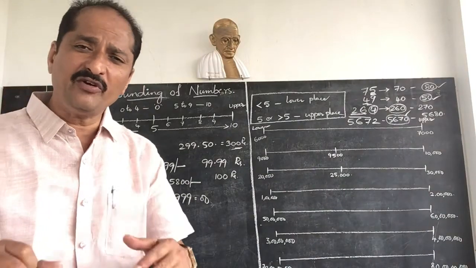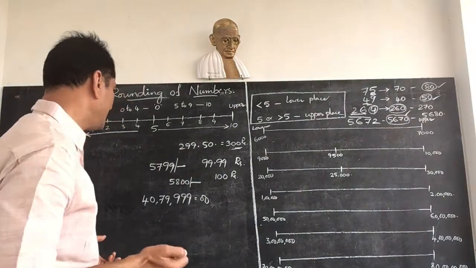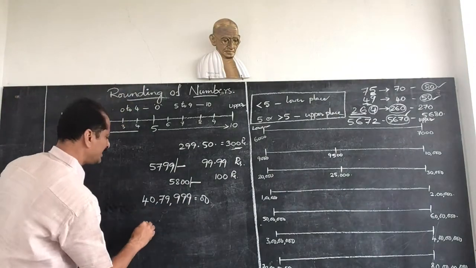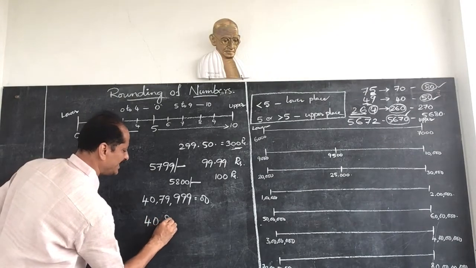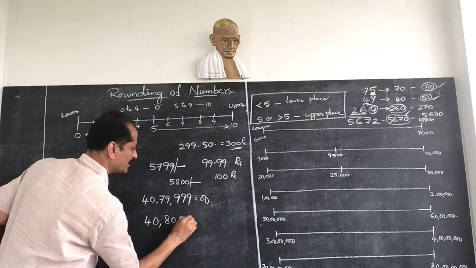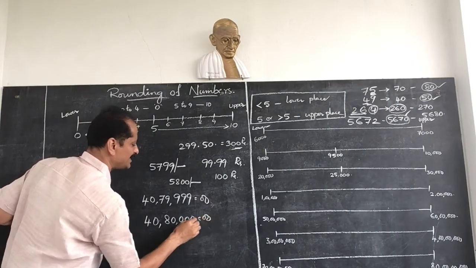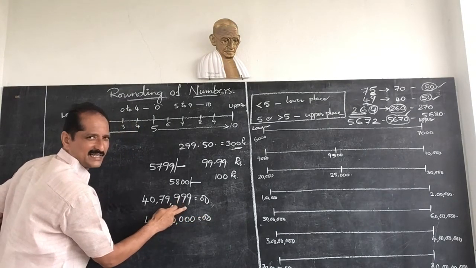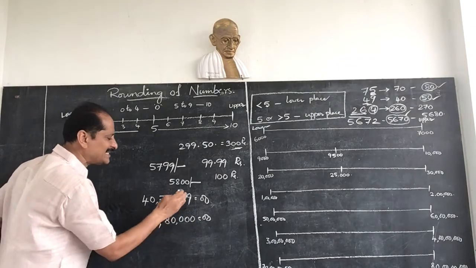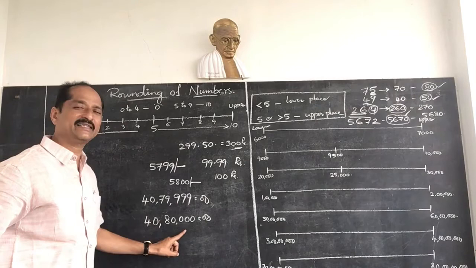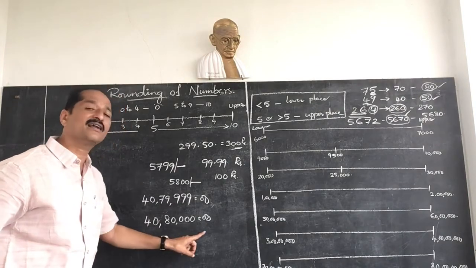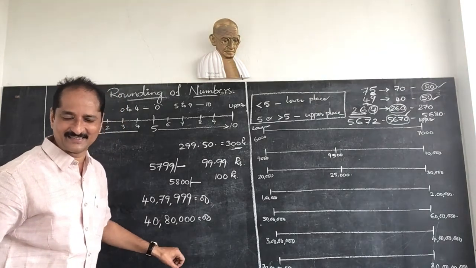By taking out this one, 40 lakh 80,000 we will pay him. That means how much is it less? Only 1 rupee it is less. So we add that 1 rupee also and pay 40 lakh 80,000. This is called rounding off numbers.